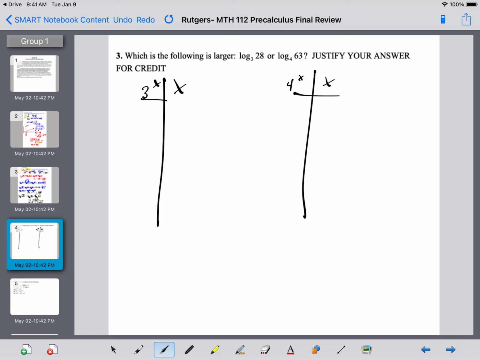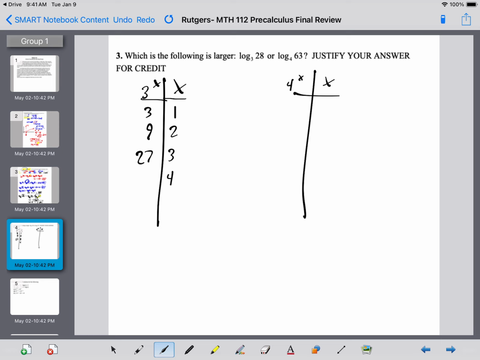For 1, 3 to the 1 is 3. For 2, 3 to the second is 9. For 3, 3 to the third is 27.